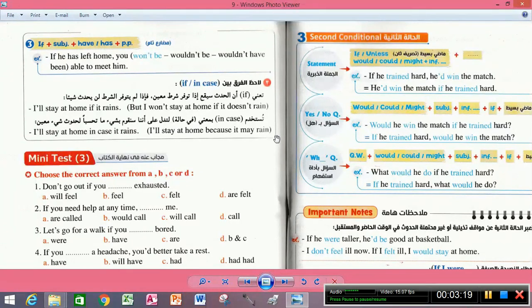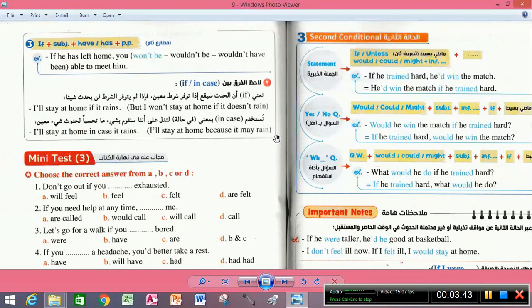In case means في حال it rains. I will stay at home because it may rain. What is the meaning of this again? If is used: I stay at home if it rains, لو مطرت I stay at home. But in case, في حالة, it may or may not.